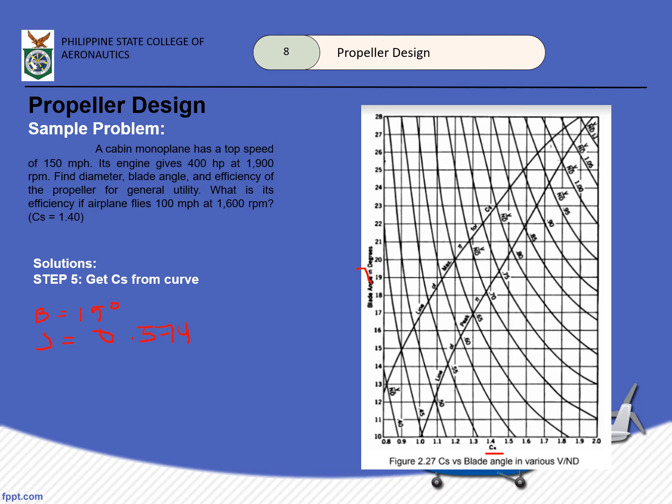So, if we try to search yung ating advance ratio na 0.574, naka-curve siya dito somewhere between 0.55 and 0.6. So, most certainly, mas malapit siya sa 0.55 kasi 0.574 lang siya. So, ano yung component magiging katapat niya when we project it with 19 degrees to be the blade angle?